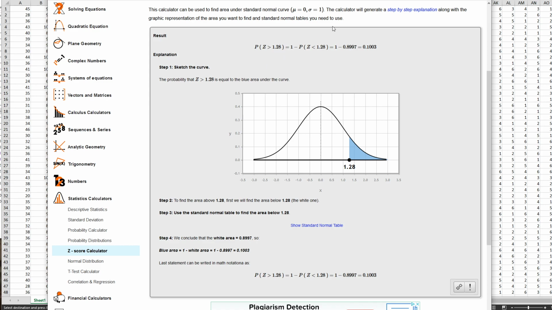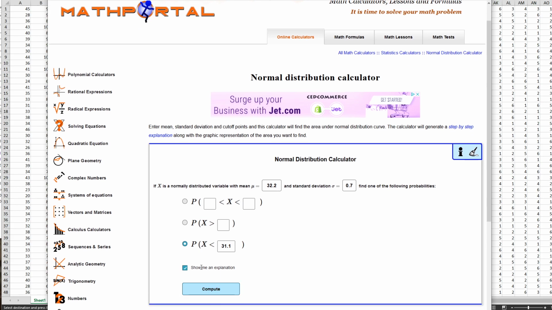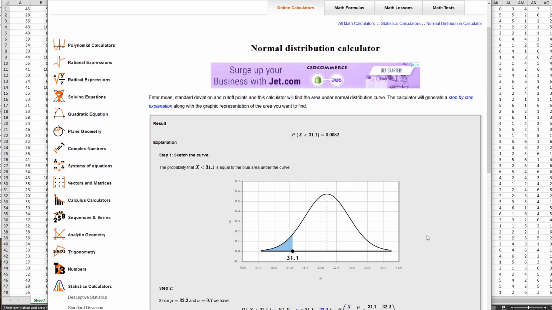Again, this starts with z's, but if we look at a different one, that's the problem we did in class, or in one of the lectures, I think the previous one. Again, the mean, the standard deviation. Are we talking about values that are less, more, in between? I like to leave the show explanation on, then compute. And again, it shows you a picture, shows you where the value is. Mind you, this is a normal distribution, not a standard normal.